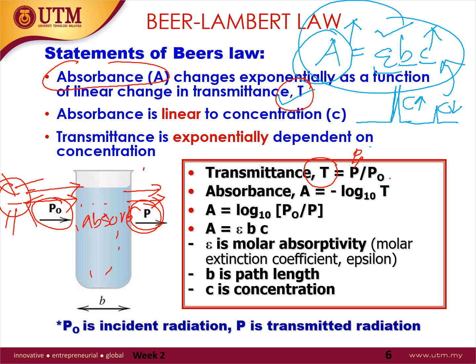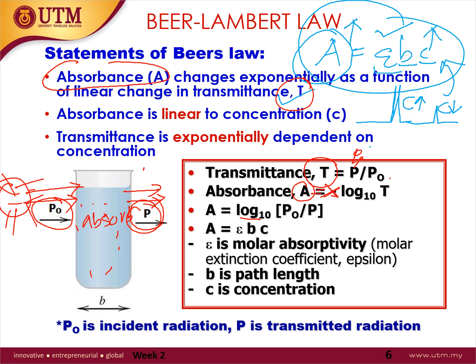So what is the relationship between this transmittance and absorbance? We have absorbance equals minus log T. If we don't want this T, you can rearrange the denominator and numerator. So we have a rearrangement, log 10 P initial divided by P. This is not a mistake in the notes. This is simply because we reverse the negative.